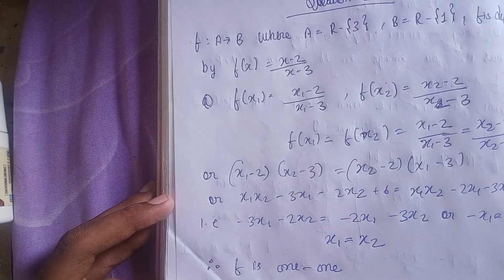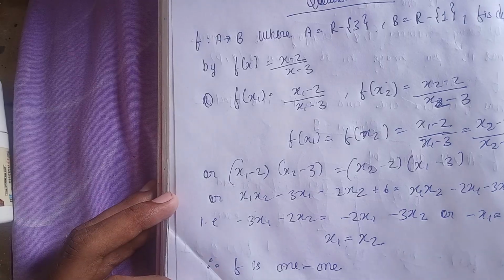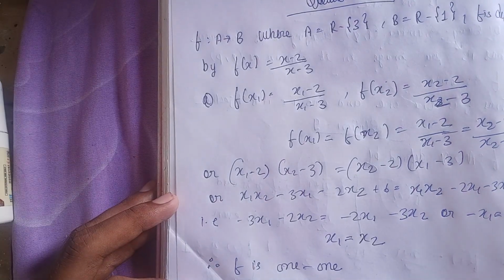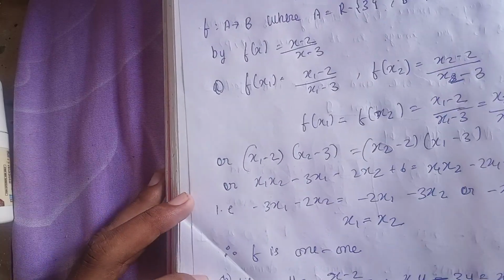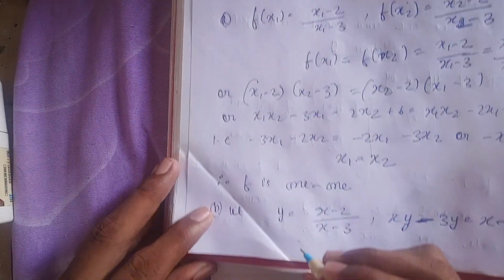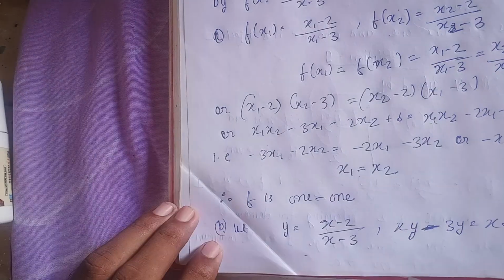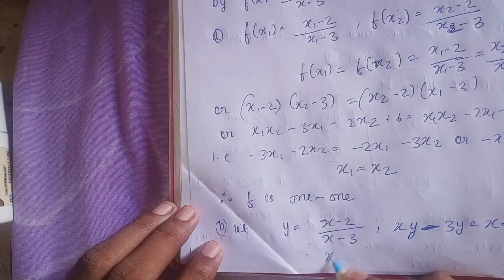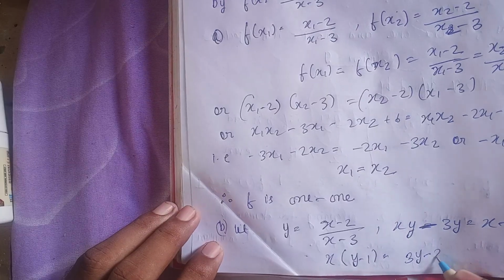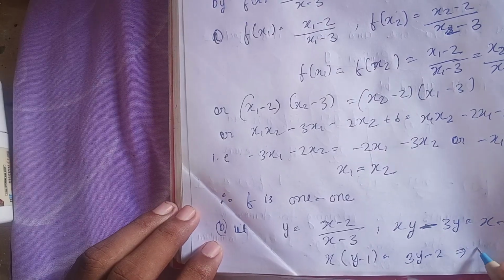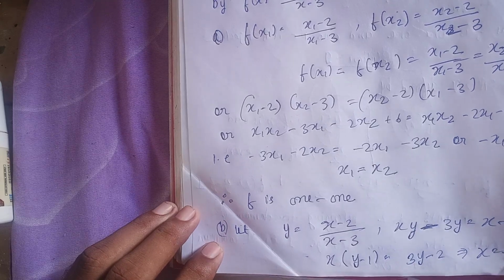Let y is equal to (x minus 2) upon (x minus 3), x not equal to 3. Then xy minus 3y is equal to x minus 2, so x(y minus 1) is equal to 3y minus 2. Therefore x is equal to (3y minus 2) upon (y minus 1).